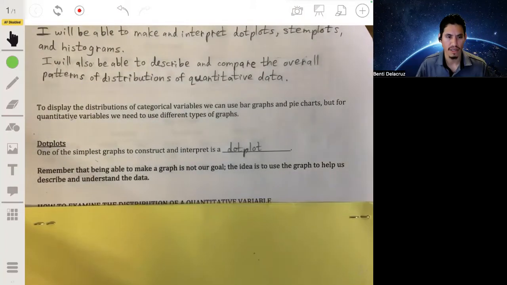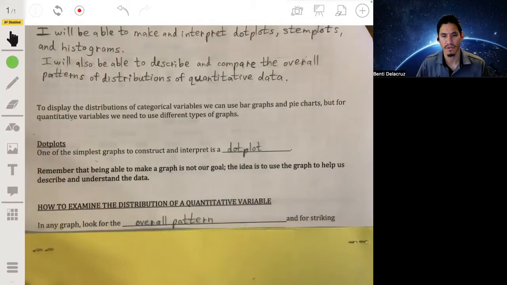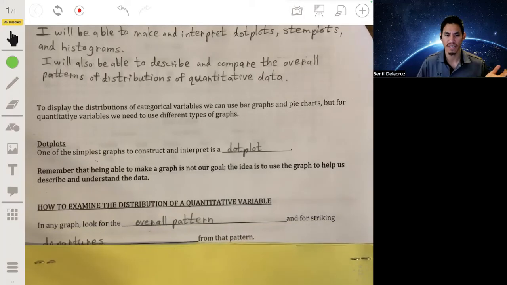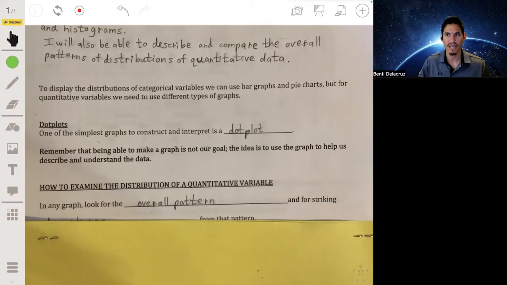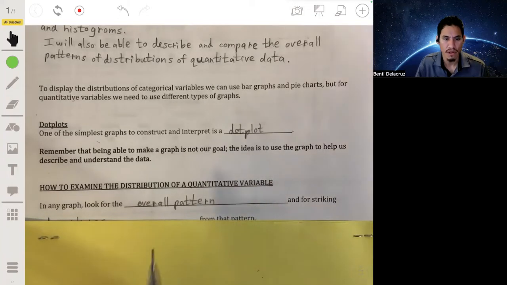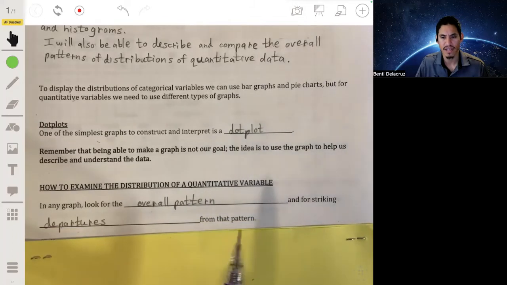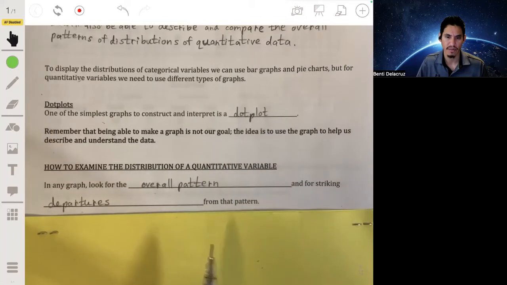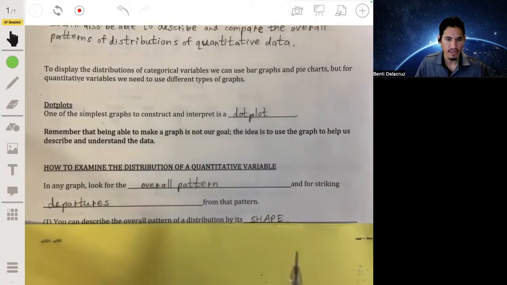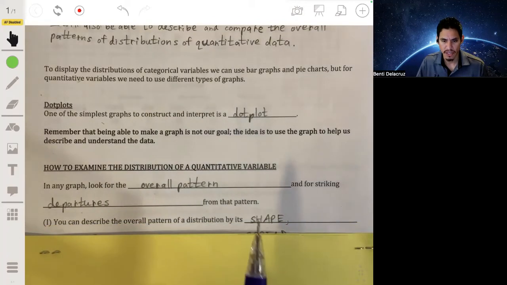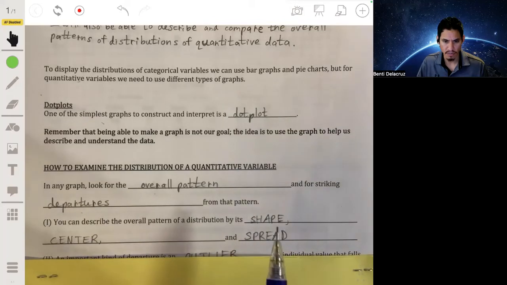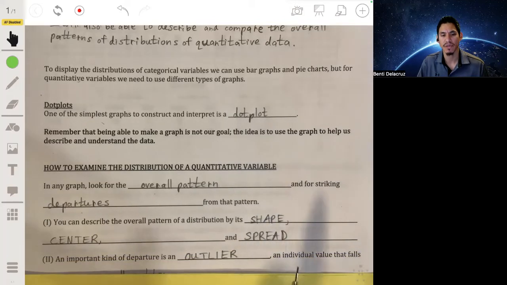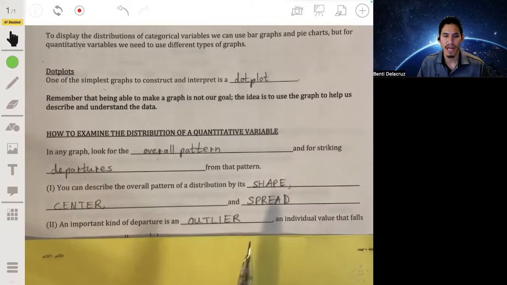Now, when we're examining distributions dealing with quantitative data, so remember quantitative data are values such as the heights of people, the weights, stuff like that, you want to look for the overall pattern and for anything that doesn't really go with that pattern, so any departures. And we need to focus on addressing the shape, the center, the spread, and make sure we mention or talk about any outliers.